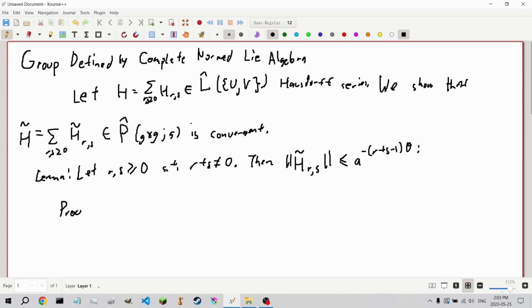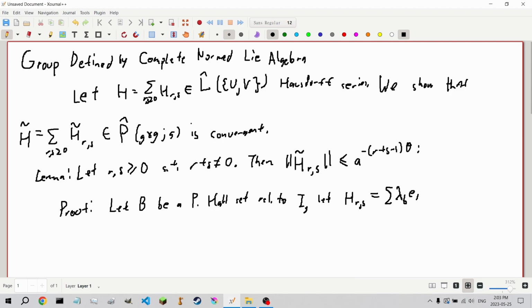Proof. Let B be a P-Hall set relative to our indexing set I. And we decompose the R, S component of the Hausdorff series as the sum of lambda B times E B with respect to the basis of the free Lie algebra, where U and V are indeterminates.